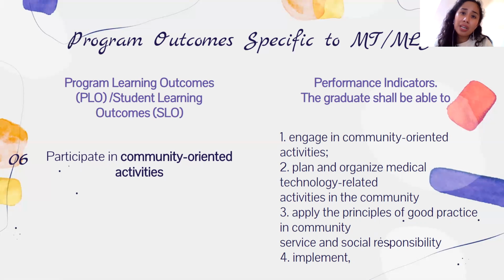Class, I know you are already 18. Have you already registered to be a voter? Please, class, mag-register kayo, maging voter, di ba? So that in that way, you could practice your right to suffrage. That's engaging with community-oriented activities.